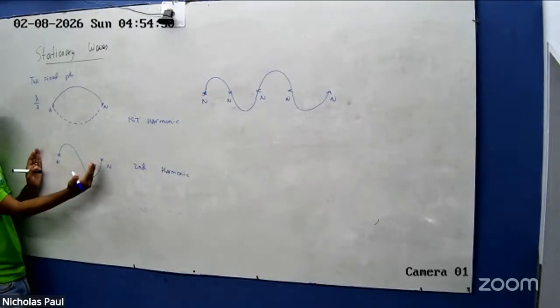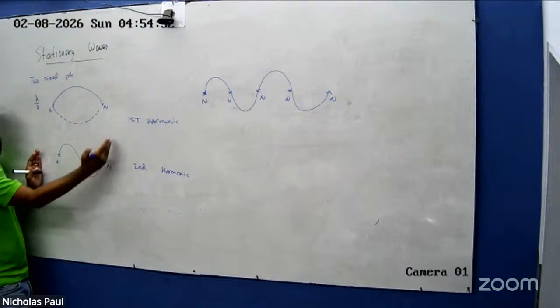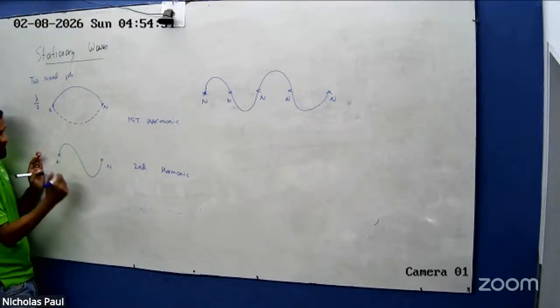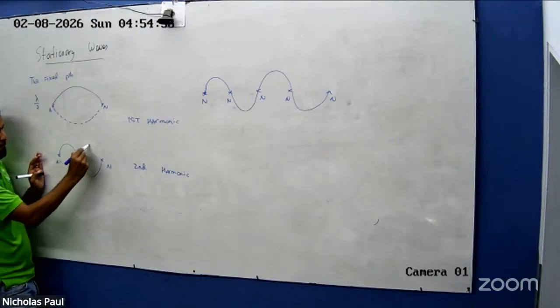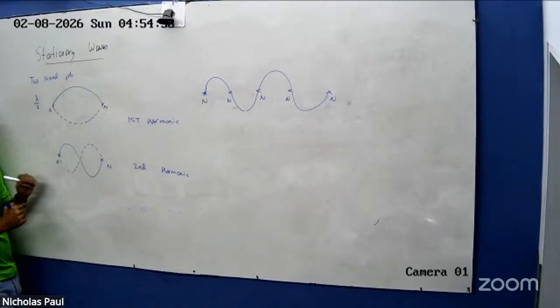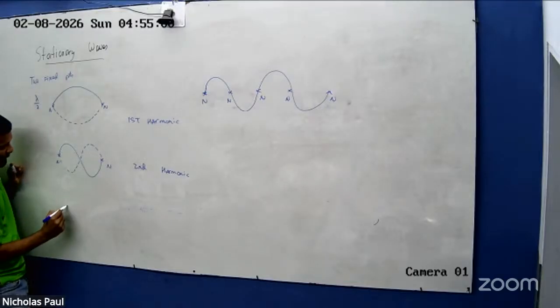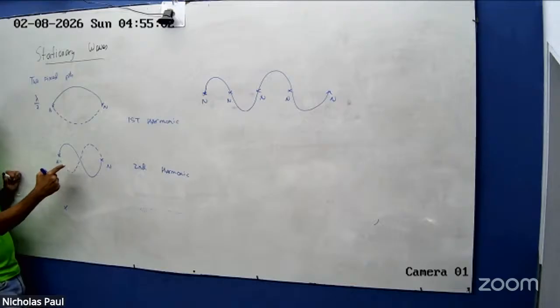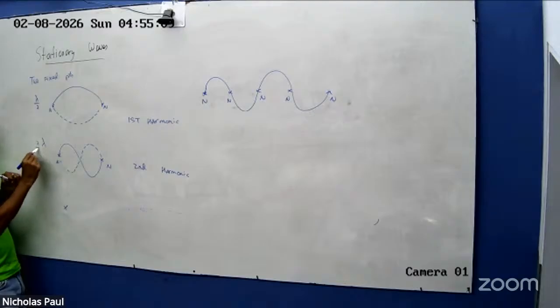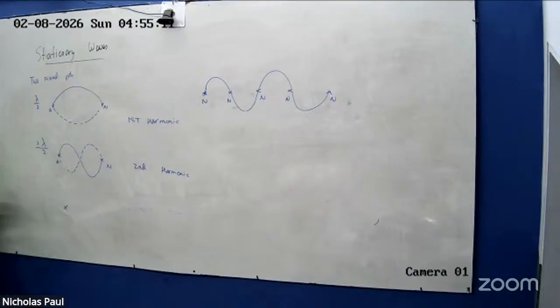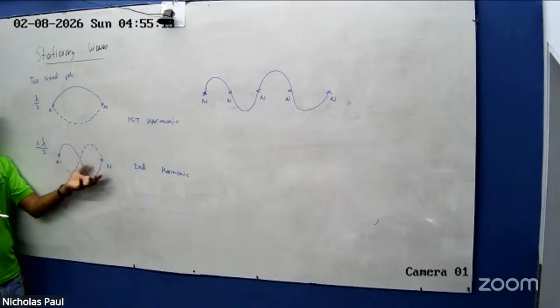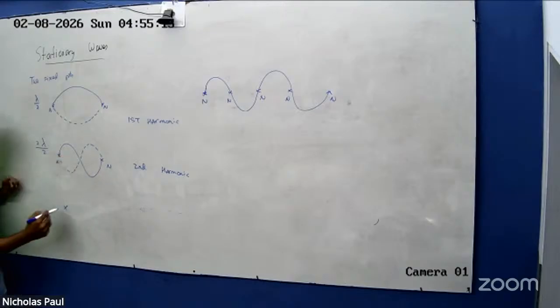The second time you see it, it looks like that. How much of a wave is this? Like one wave, so I'll just put 2 lambda on 2. That is two half-wavelengths, a whole wavelength.